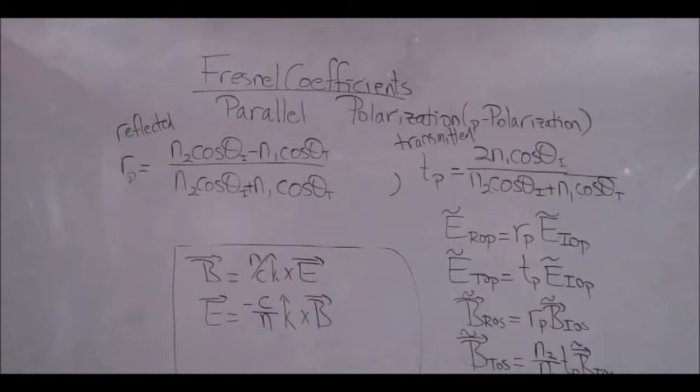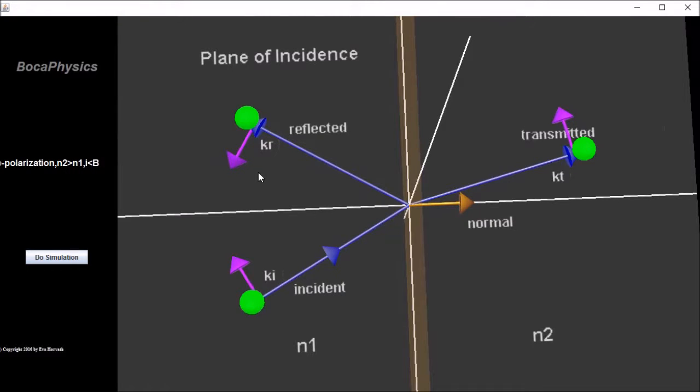Let's revisit the vector diagram for parallel polarization with N2 greater than N1. Mentally rotate the incident wave vector to normal incidence. The reflected wave vector will point in the opposite direction, and the transmitted wave vector will be in the same direction as the incident one. The magnetic field vectors will point out of the screen.